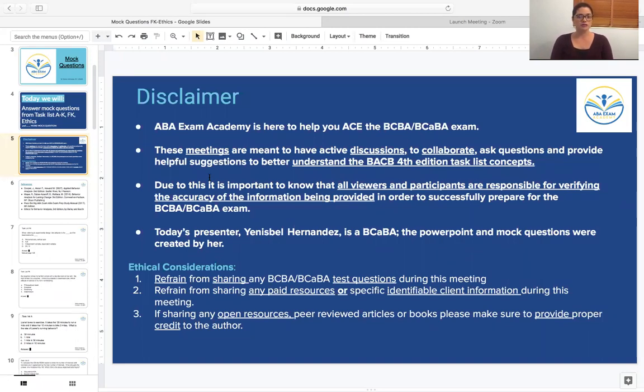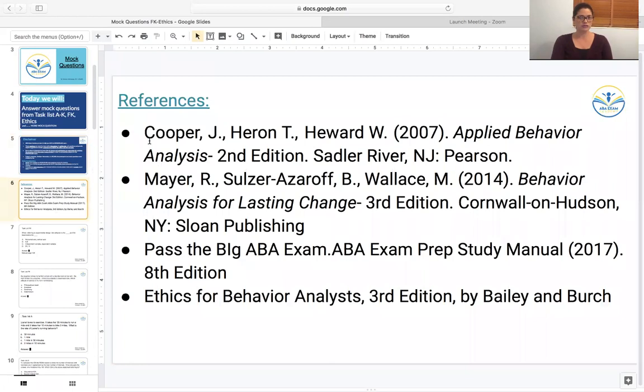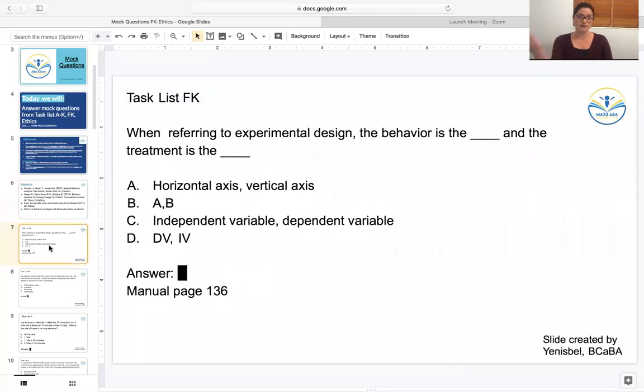As an ethical consideration, please do not share any test questions you have encountered in the past, or questions from any paid resources. But we can share open resources such as books, like Cooper, Heward, Pass the BCBA, and the ethics books. I read them, and from there I got the information to cover the mock questions.